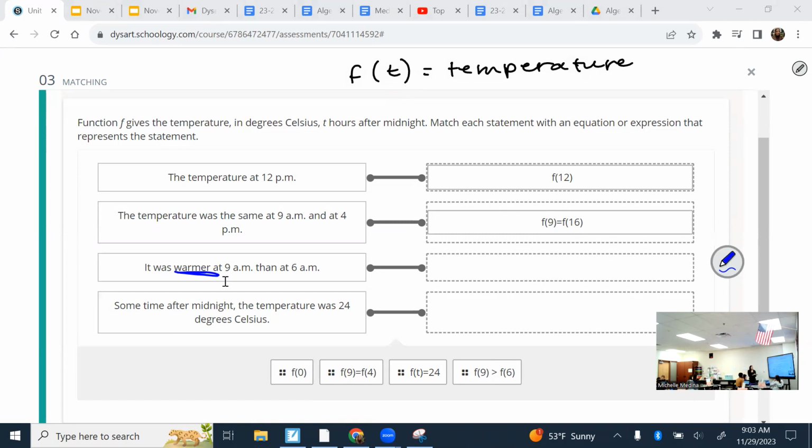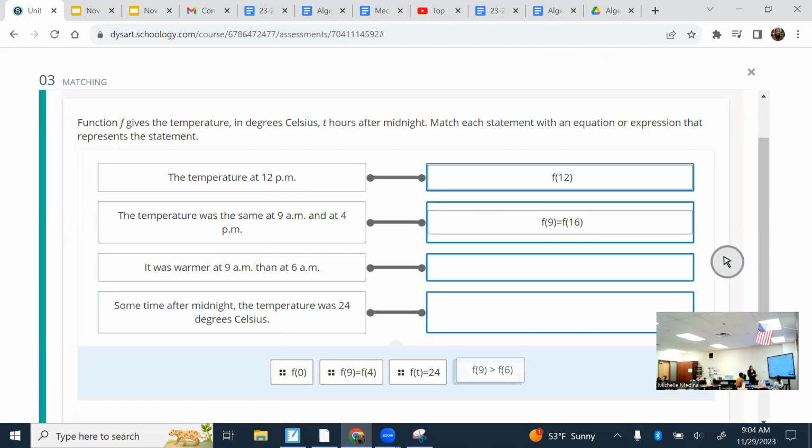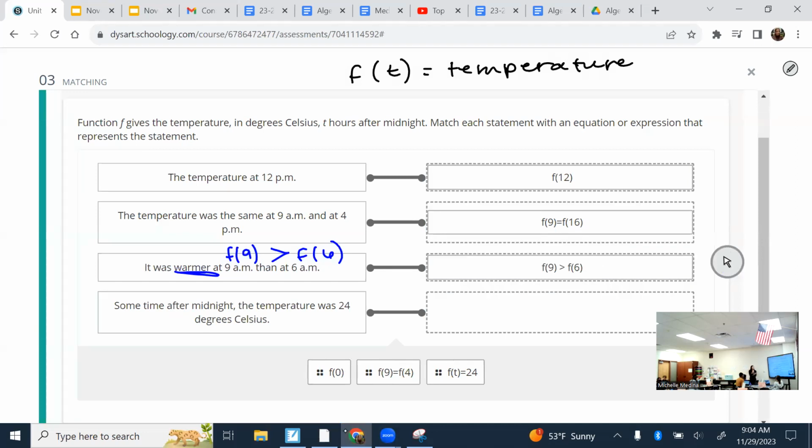At 9 a.m., how many hours after midnight is that? At 6 a.m., how many hours after midnight is that? And if it's warmer at 9 a.m., should the inequality face the 9 or the 6? So yeah, that matches this one exactly. And it's the only one with an inequality, so that also helps.